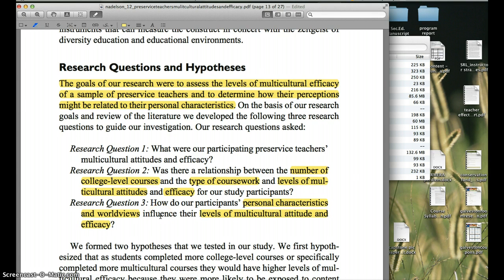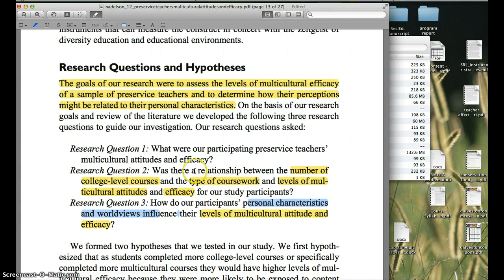The key word in here is influence. So it's asking, do personal characteristics and worldviews cause a change or influence level of multicultural attitude? Personal characteristics would be the independent variable, and levels of multicultural attitude and efficacy would be the dependent variable.